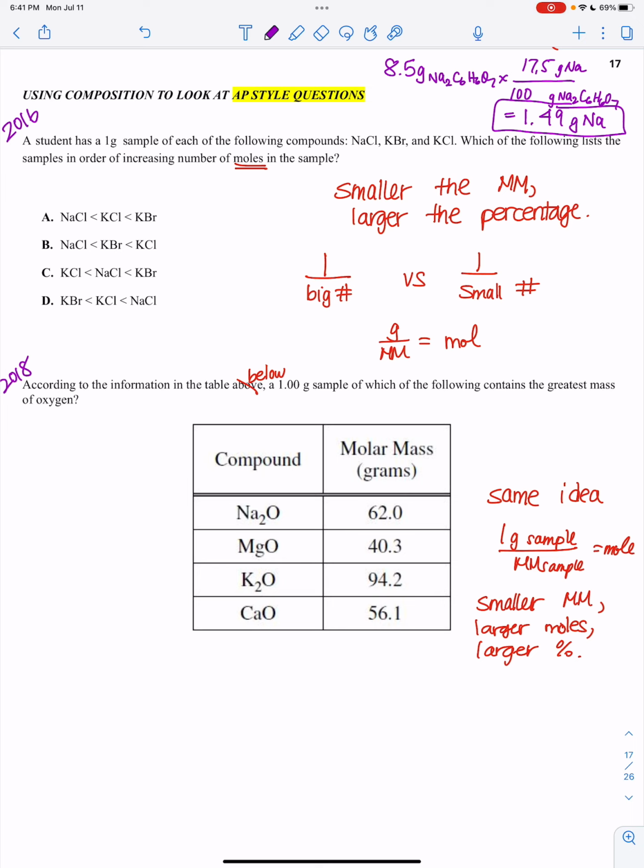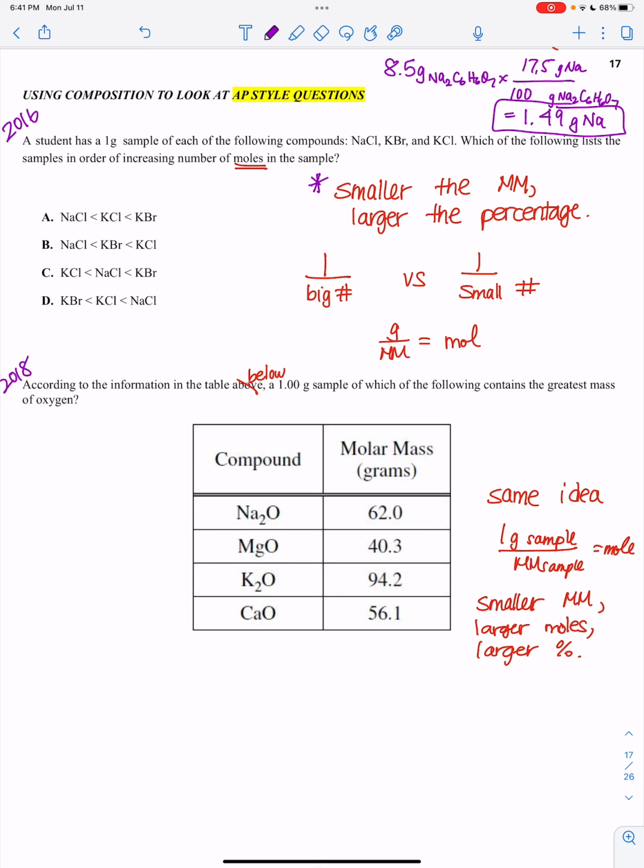So it says a student has a 1 gram sample of each of the following compounds, NaCl, KBr, KCl. Which of the following lists the samples in order of increasing number of moles? Couple things here. This is where AP comes in. AP connects these topics that you learned and mishmashes them together. So this is why we do the summer work, because then we can start getting to these tough AP questions using knowledge that you have.